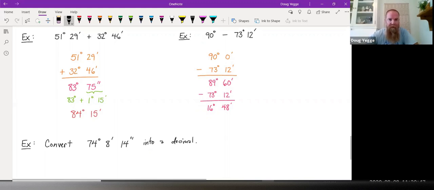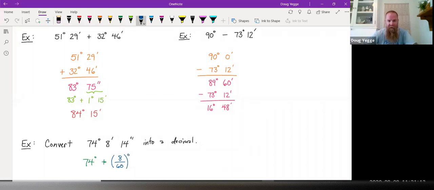So the first thing we can do here is just recognize, well, 74 degrees is already set up in the way that it should be. But what we want to do now is add on how many degrees 8 minutes represents. 8 minutes represents 8/60ths of a degree.